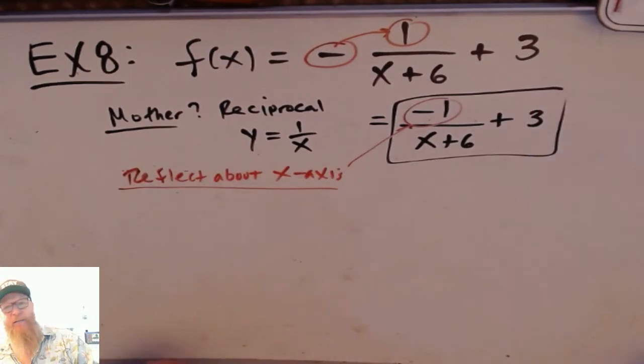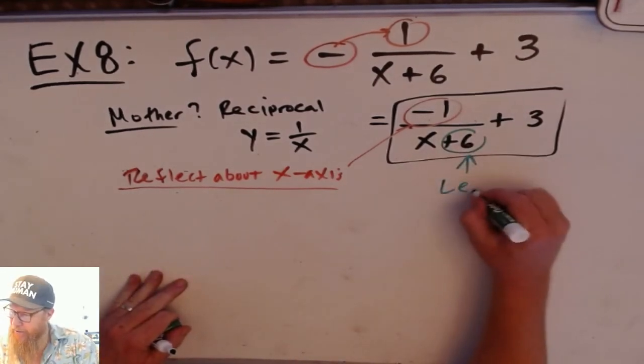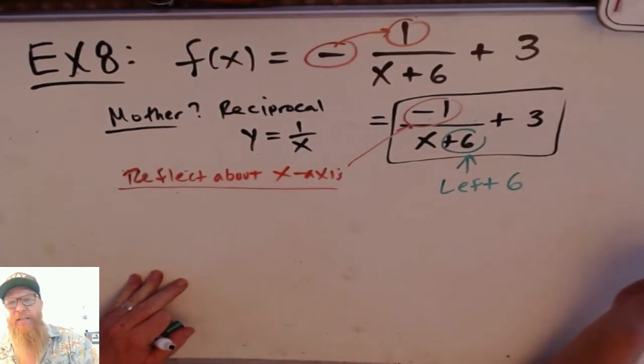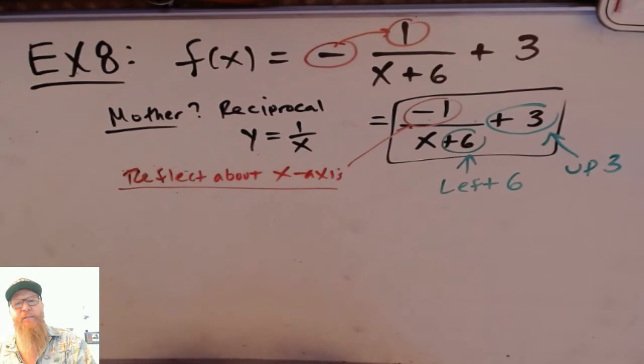And then we're going to shift left 6 units and up 3 units.